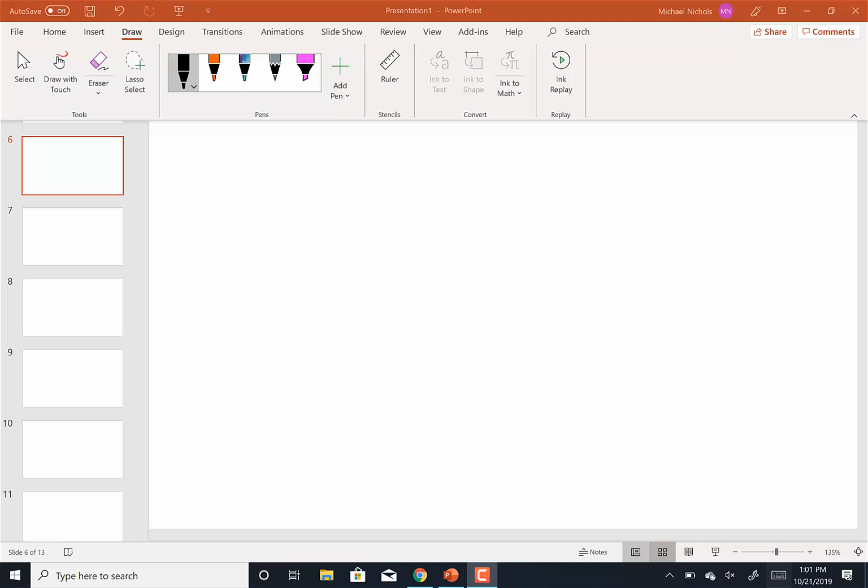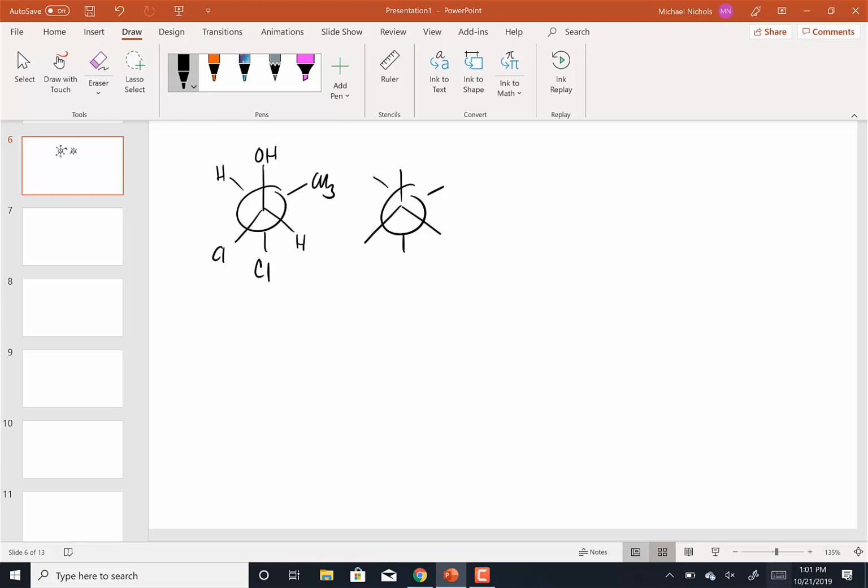So the thing about 30 is, just generically when you're doing Newman projections, when you look at these problems, and this isn't the exact problem, the whole idea when you have two chiral centers is you're comparing front to front, back to back.